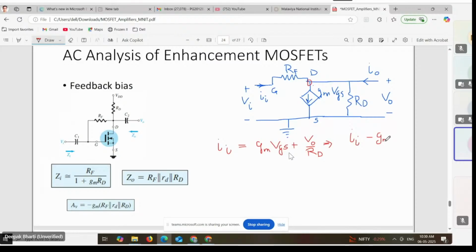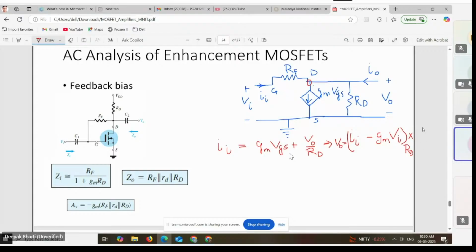Now what is VGS here? VGS, this potential, is equal to Vi. So Ii minus gm Vi into RD. That becomes your V naught.